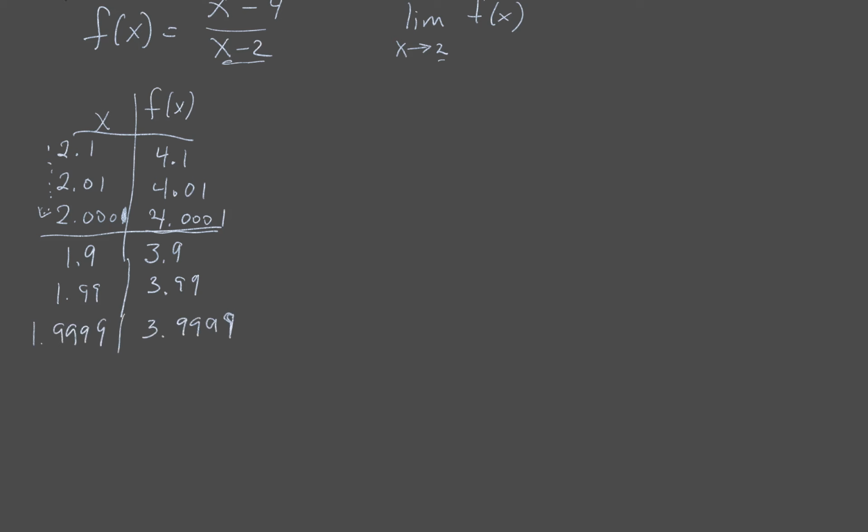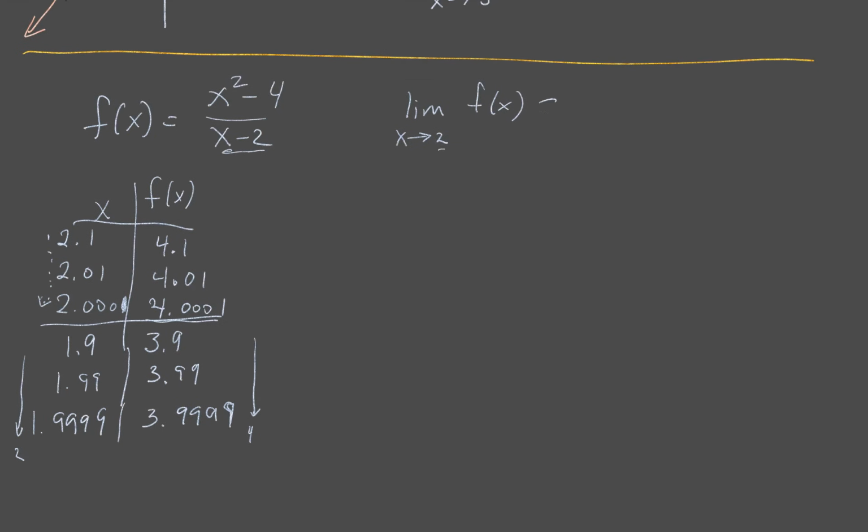Okay, so again, as my numbers are getting closer to 2, my outputs are getting closer to 4. So numerically, there is strong evidence that this is equal to 4. We haven't actually proven anything, but numerically, it really does look like it's going to be 4. So numerically we can kind of do this and get a good approximation. Graphically we can do it and get a good approximation. And then in the next video we're going to see how we actually do this with the math and prove that limits equal something using this algebra.